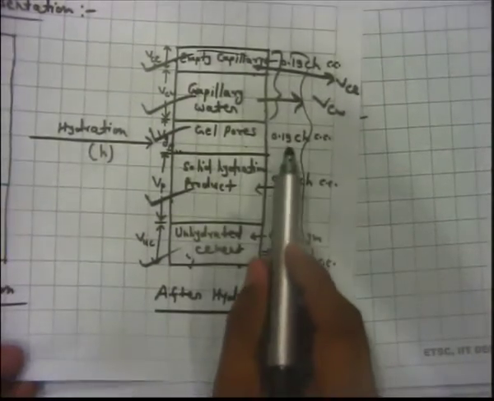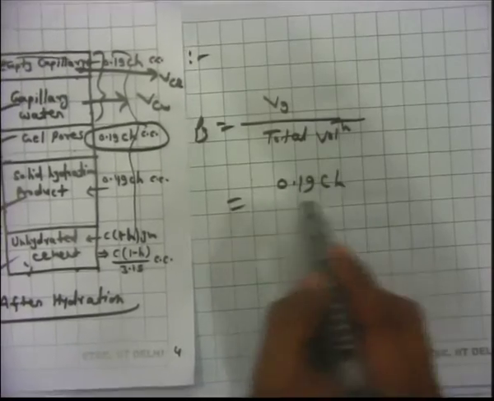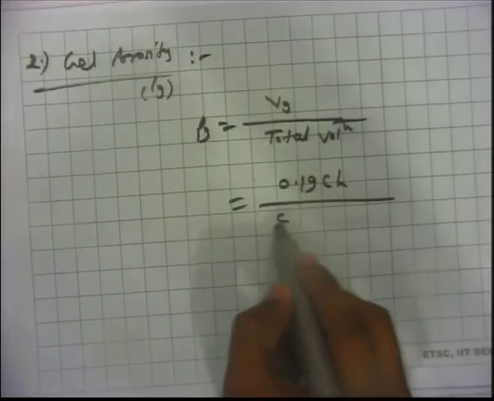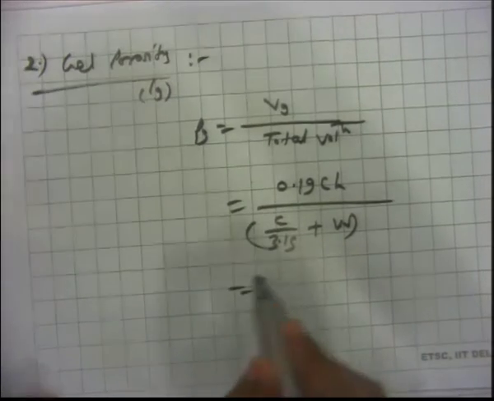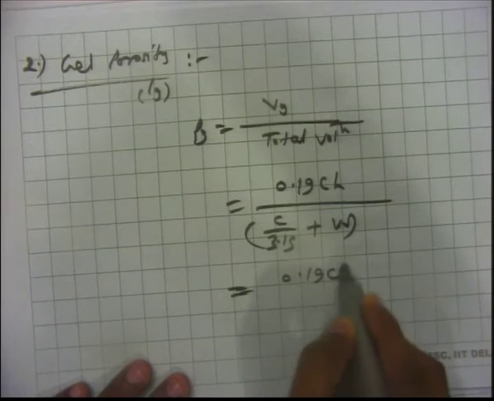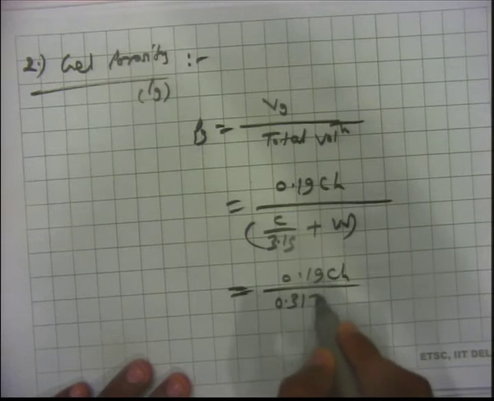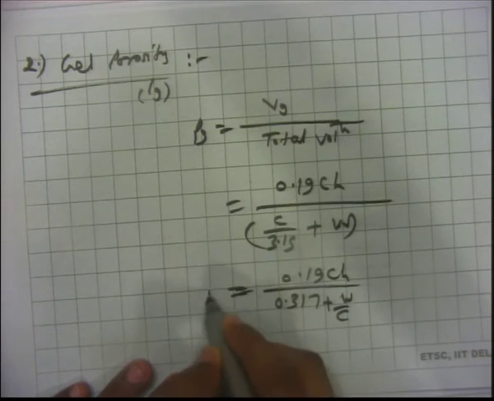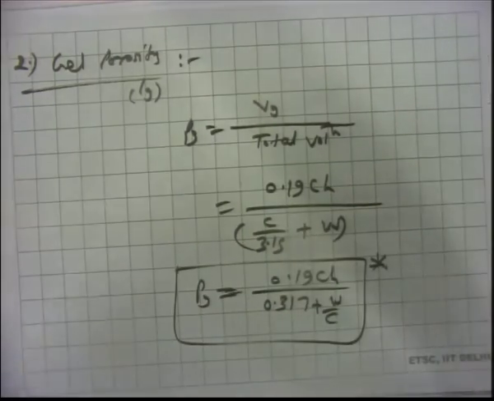For your information, I again show you this: Vg came out to be 0.19 Ch. Total volume is again the same, C divided by 3.15 plus W. Now the final form can be written as 0.19 Ch divided by 0.317 plus W by C, in the form of W by C. This is nothing but the formula for gel porosity.